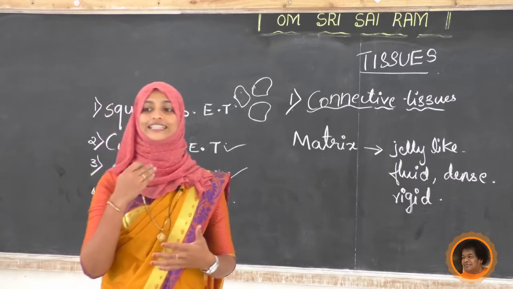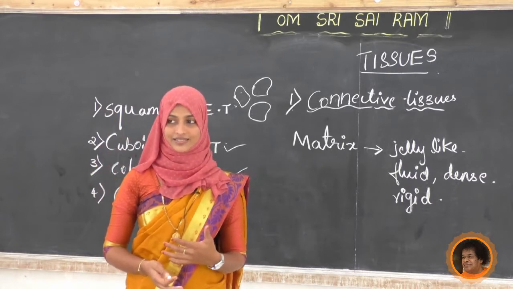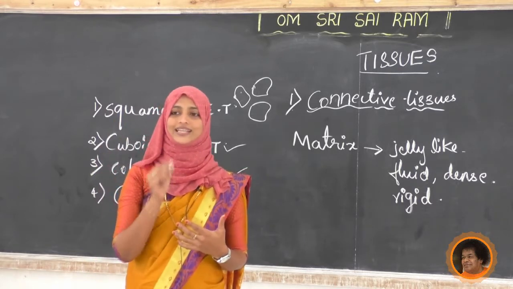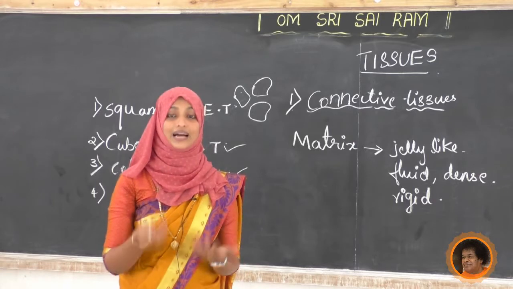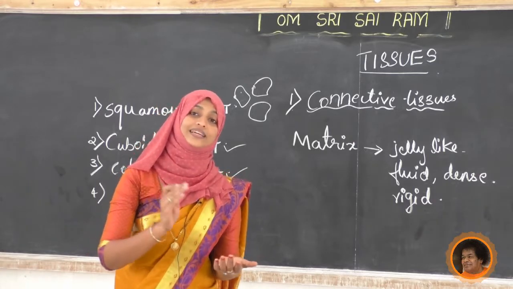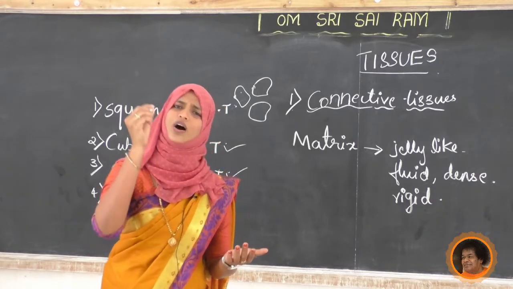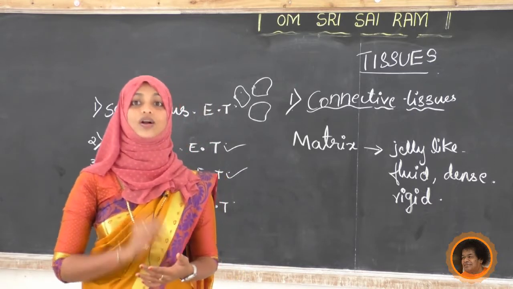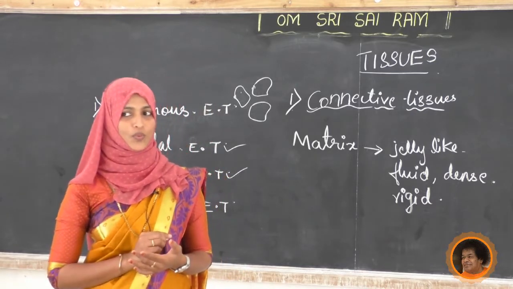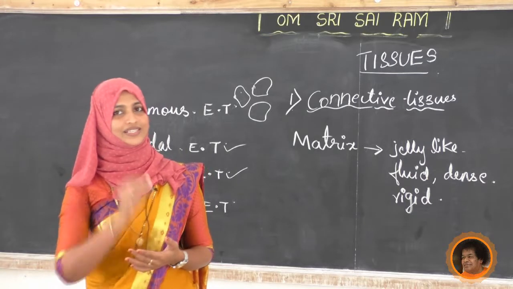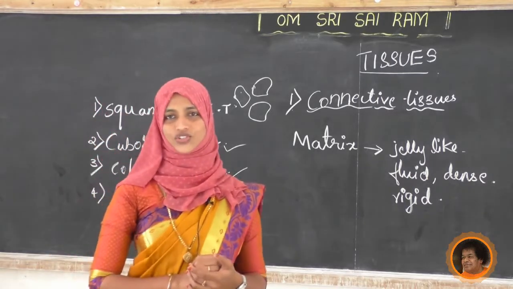Next, it is present in the intestine, where we can see this columnar epithelium. Sometimes these columnar epithelial tissues have small hair-like structures called cilia. Do you know what cilia is? Cilia is a small hair-like structure.